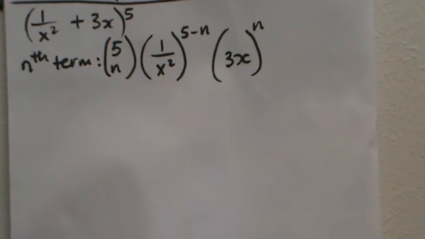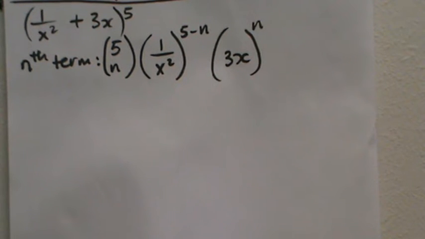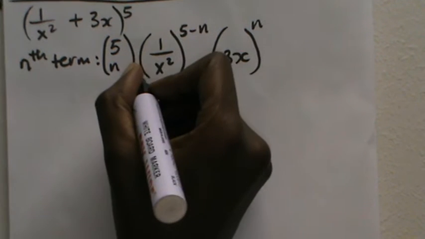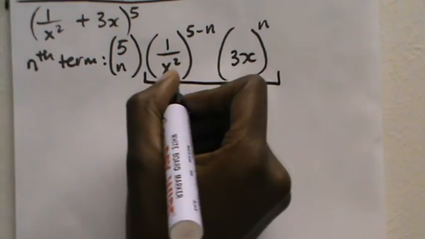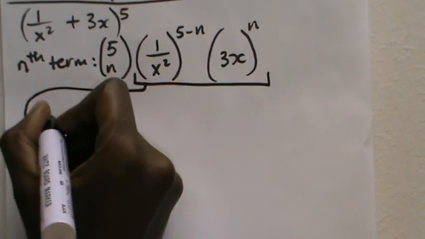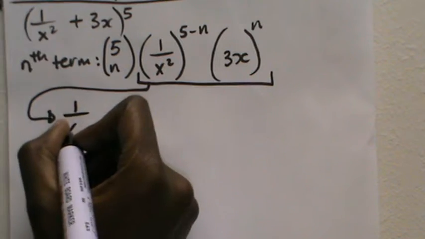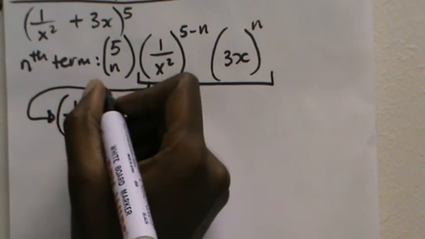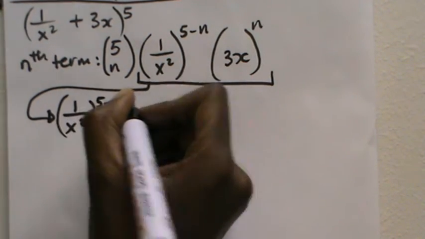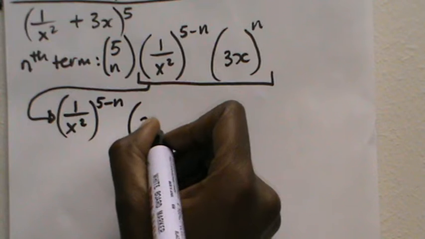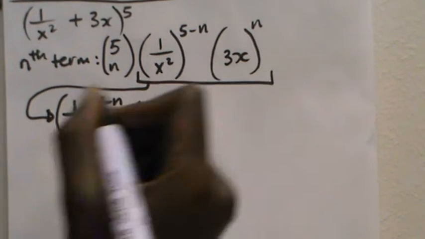I'm going to pull it out and then work with my coefficients and make sure that the final coefficient is 2. So the way I do it is I'm going to extract this part and bring it over here. Okay, so I have 1 over x squared to the power of 5 minus n, and then I multiply this by 3x to the power of n.